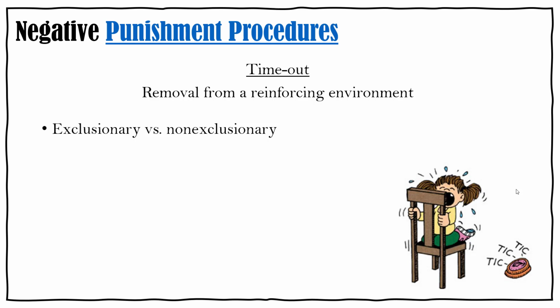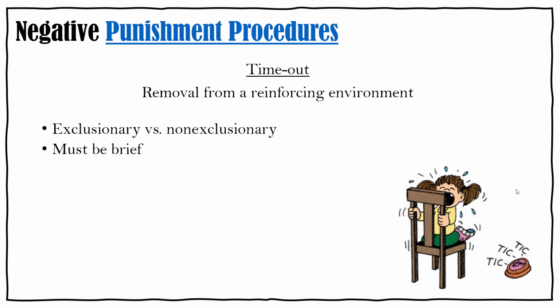Sometimes if you put the kid in the corner facing the corner, that's also classified as exclusionary. Non-exclusionary is where they are removed from the activity, but they might stay in the same room, or they might be able to watch the activity. So that's the difference between exclusionary and non-exclusionary.